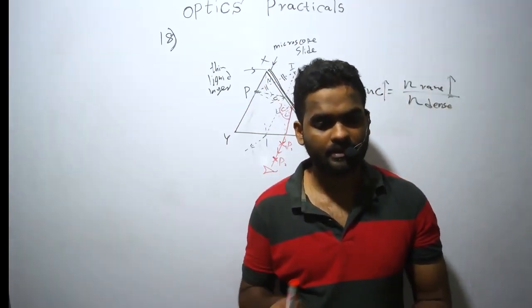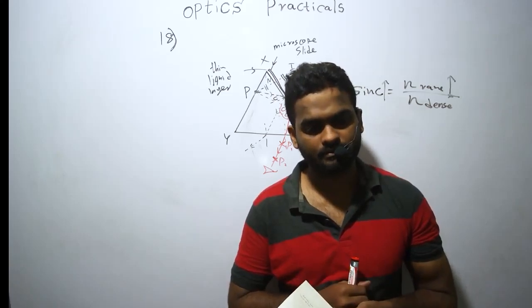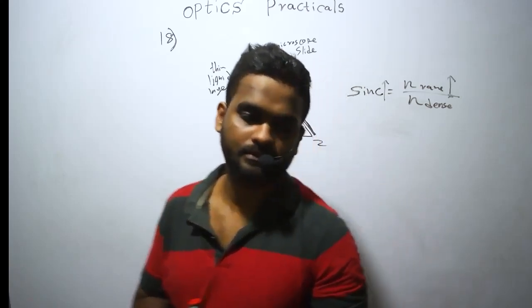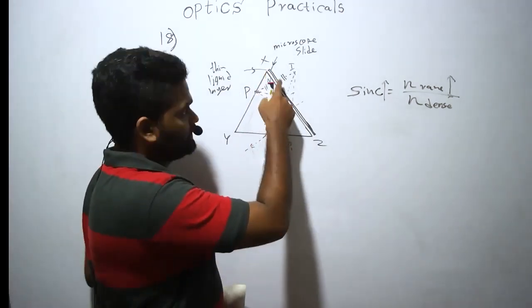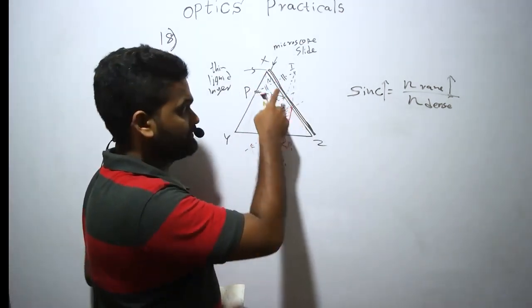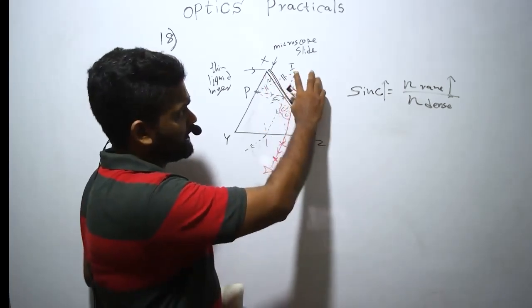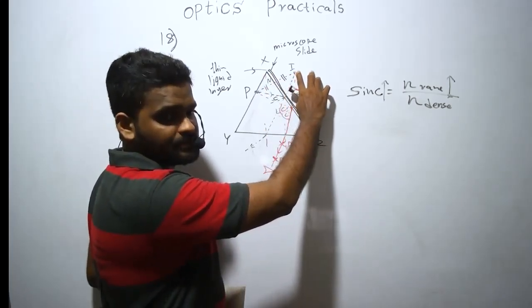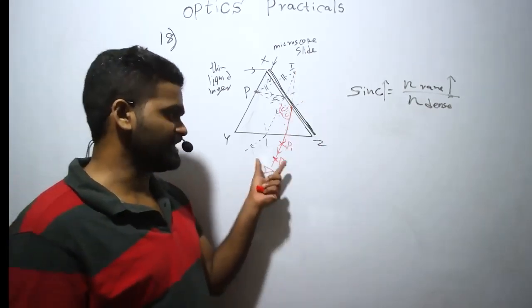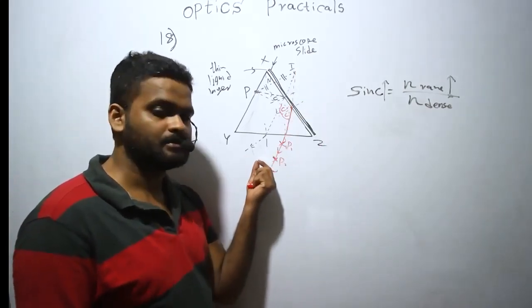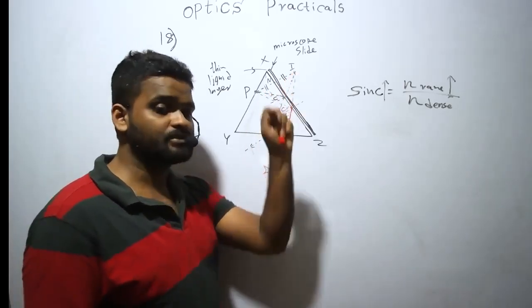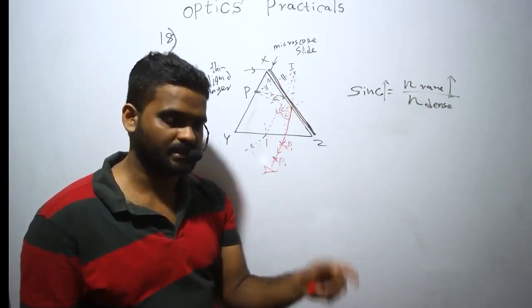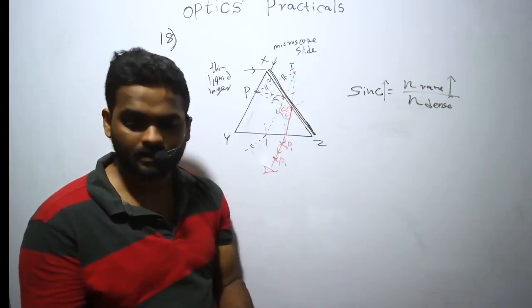Position of capital I does not change. Understood? For the previous case, when there is no liquid layer, and when there is a liquid layer, we have the position of capital I at the same place, right? Get it? But the final image position changes. But this position of I does not change, right? In the exam, they ask questions from that.